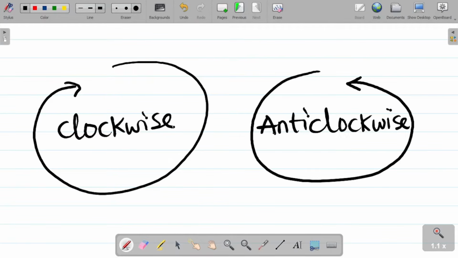So that's the difference between a clockwise and an anti-clockwise moment. If the moment goes in the same direction as the hands of the clock, it's called a clockwise moment. If the moment goes in the opposite direction of the hands of the clock, it is called an anti-clockwise moment. Having known this, let's use this concept to solve a problem in physics.